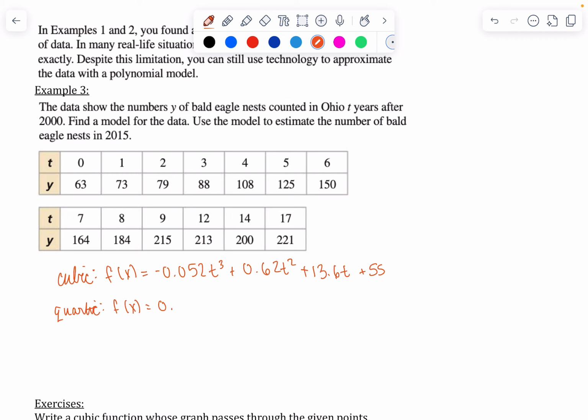Should be f of t actually, but anyway, equals 0.0202 t to the fourth minus 0.734 t cubed plus 7.79 t squared minus 11.0 t plus 70. Notice the digits after the decimal keep decreasing as we go. That's another way that you could round functions when you write them. Okay, so that's cubic and quartic.